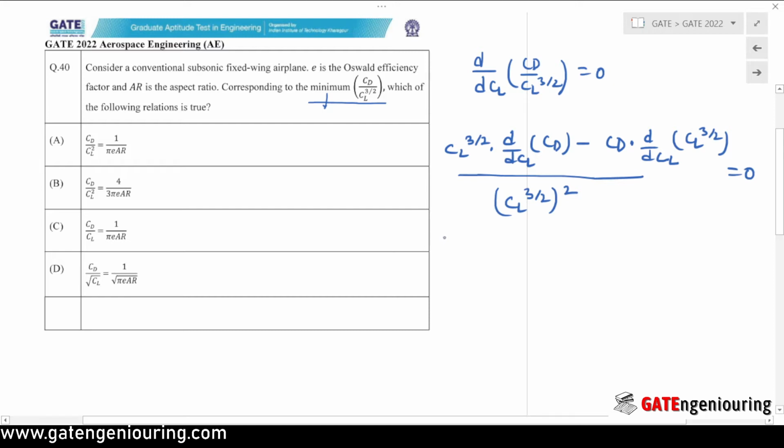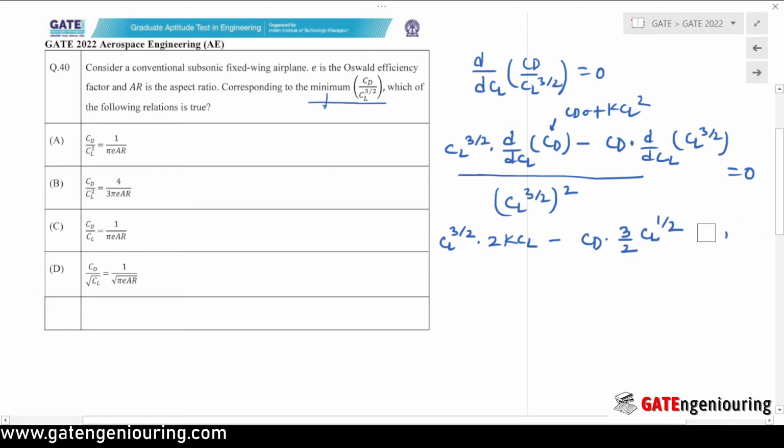If we expand CD as CD naught plus K CL square, CD naught is constant so that term becomes 0, but this becomes 2K CL. On the other hand, this is CD here, and the derivative of this is 3 by 2 into CL power 3 by 2 minus 1. So 3 by 2 minus 1 is 1 by 2.